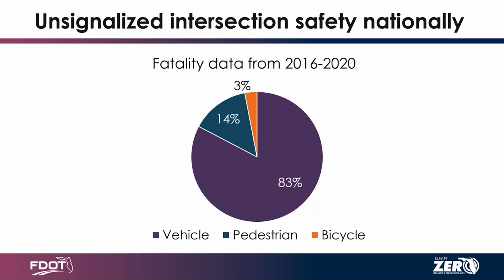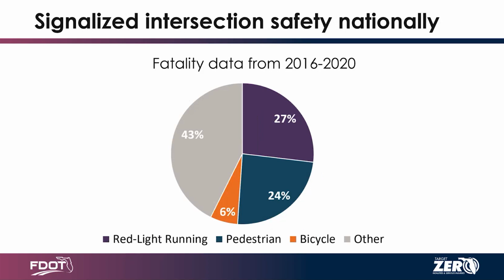Again, just want to emphasize what we have generally seen throughout the state as well. 14% of fatal crashes represent pedestrians nationwide. Generally, bicycles and pedestrians are overrepresented in fatal and serious injury crash data.